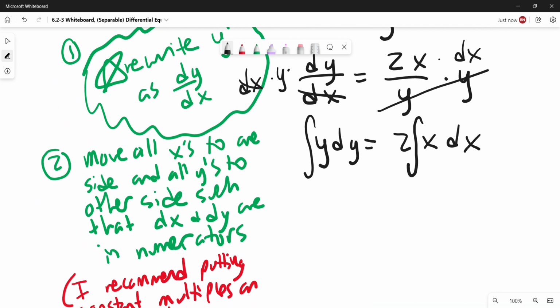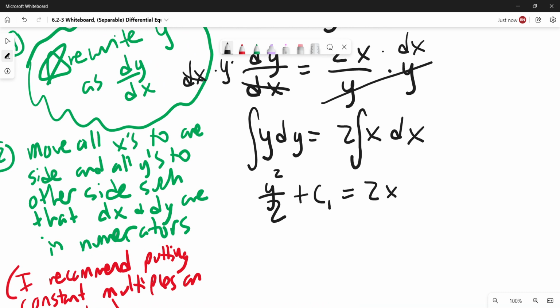The integral of y dy, the antiderivative is y squared over 2. And so normally, right, normally we would say that this is plus c. I'm going to call it c sub 1 because we're going to have 2 different c's.